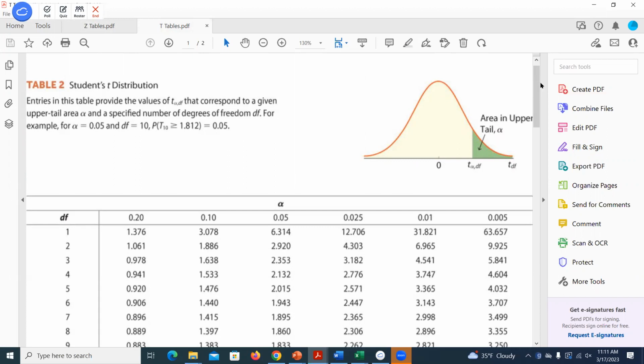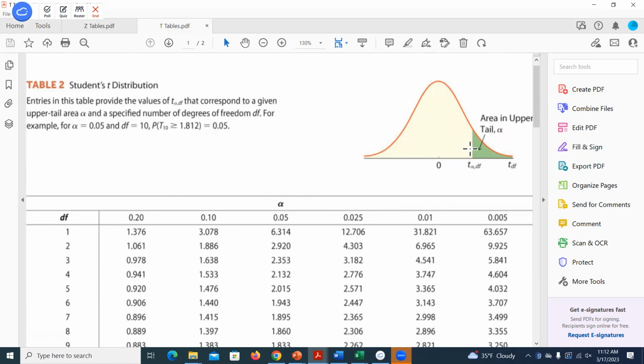So if I've got, let's say, a degrees of freedom of 5, the way I'll read this table is that I've got my degrees of freedom as my rows, and the area in that upper right tail is represented in my column headings. Even though this says alpha, it might be good if you print this out to scratch that out, because it doesn't correspond to the alpha that we'll be using in our confidence intervals. All alpha means on this student t table is just the area in that one tail.